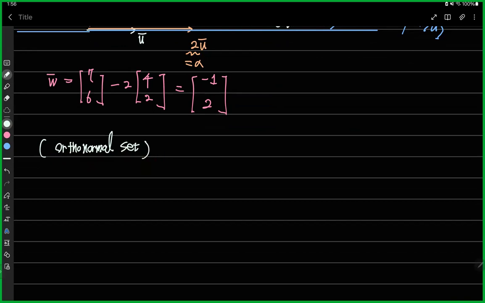A set u1 through up is an orthonormal set if it is an orthogonal set of unit vectors. So the magnitude is 1, which means each vector is a unit vector.